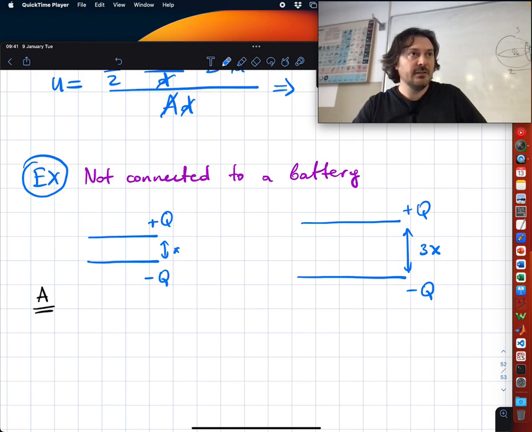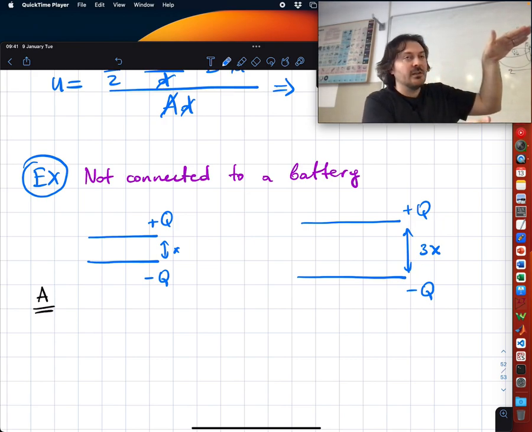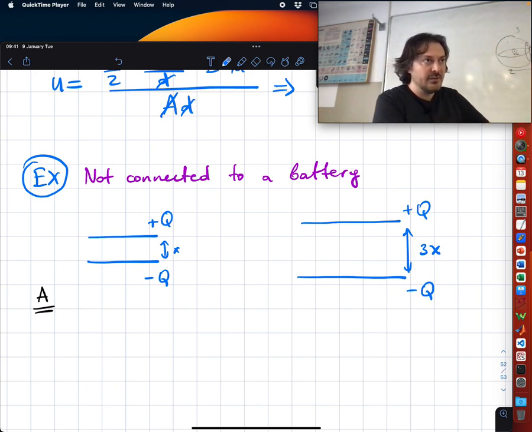Did you follow that? If it was connected to a battery, then the battery would make sure that the potential difference is the same amount of V, right? But when you take it apart, the capacitance decreases because the capacitance is epsilon 0 A over D. So D increases, capacitance decreases, so Q decreases. Where does Q go?